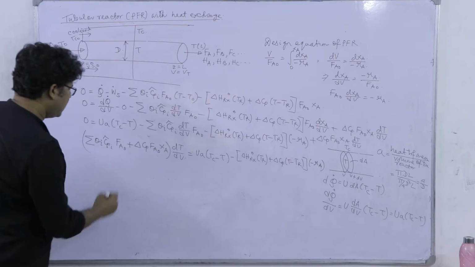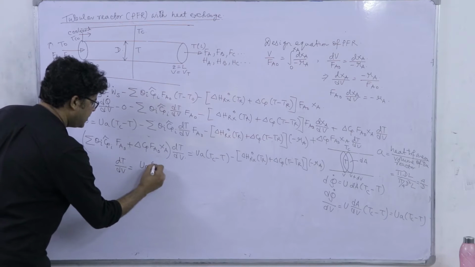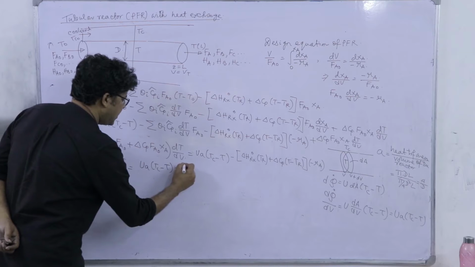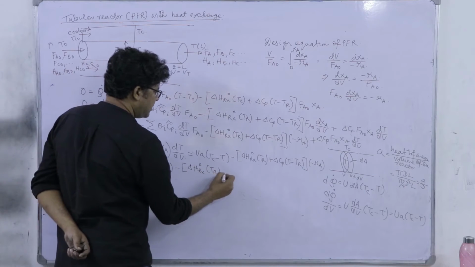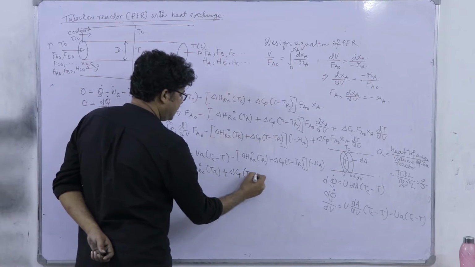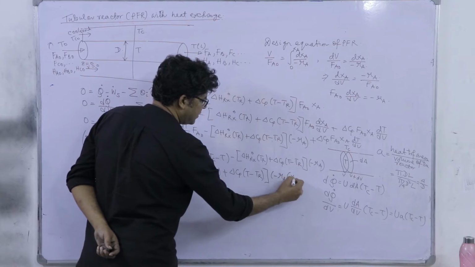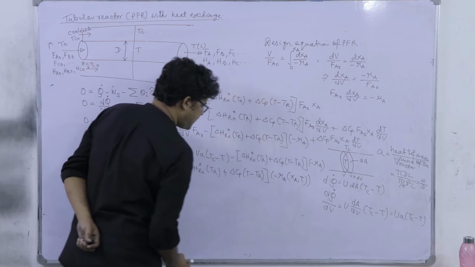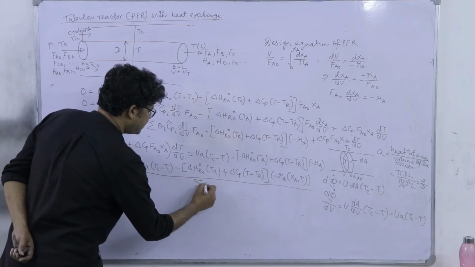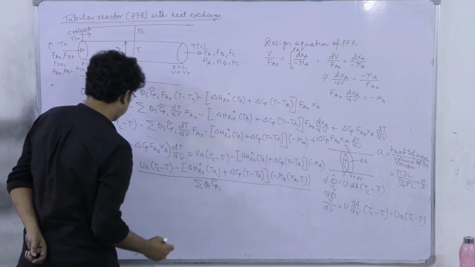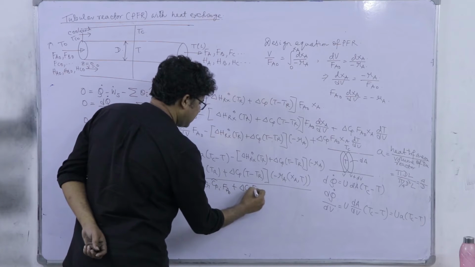So, obviously, we have got an expression: dT dV equals U into a (Tc minus T) minus [delta H Rx naught at Tr plus del Cp (T minus Tr)] into minus Ra, which is a function of Xa and T, divided by summation theta I Cp I into Fa naught plus del Cp into Fa naught into Xa.